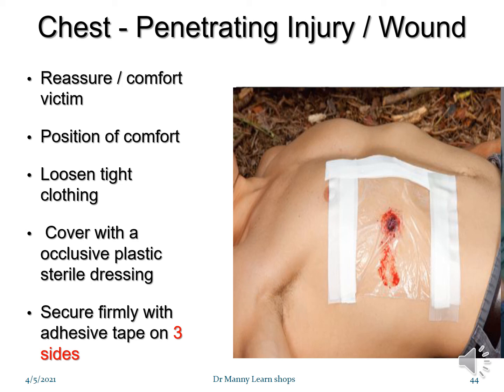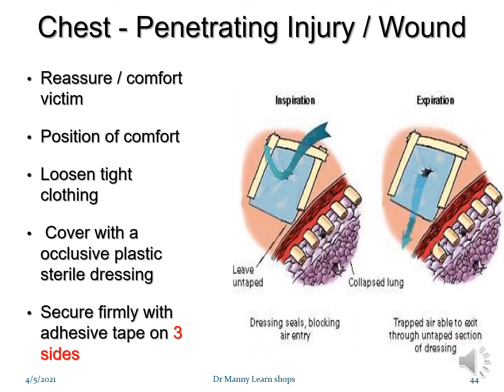Now the purpose of this is that when you've got the dressing on in that manner, during inspiration, the plastic gets sucked against the hole or the lesion and air can't go in, which is good. The dressing seals and blocks air going into the chest during inspiration. That's what you want. During expiration, however, the air is allowed to come out.